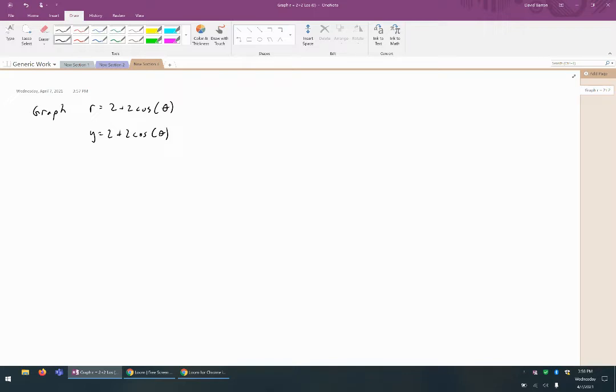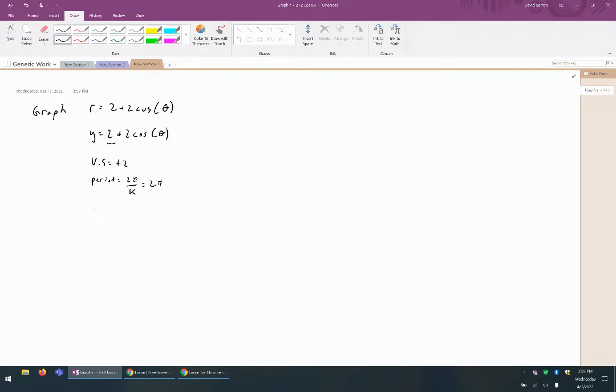So we've gone through in a previous chapter analyzing and graphing a trig function. The vertical shift of this is up 2. The period is 2 pi divided by k, where k is the number in front of the theta input, which is 1, so this is 2 pi.